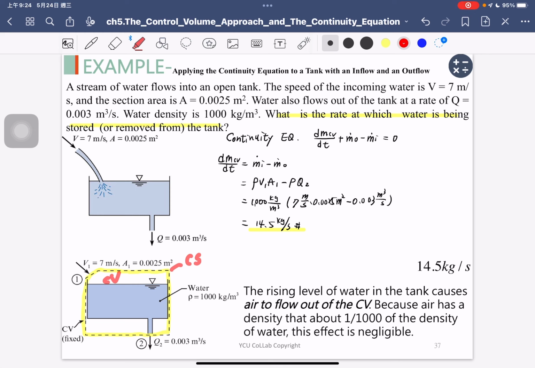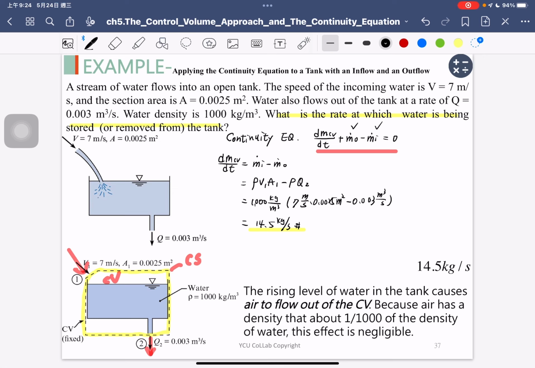So we apply the continuity equation right here, and we have the inflow here, and we have one outflow here. We actually know the outflow and inflow mass rate, which we can compute based on the velocity or discharge.